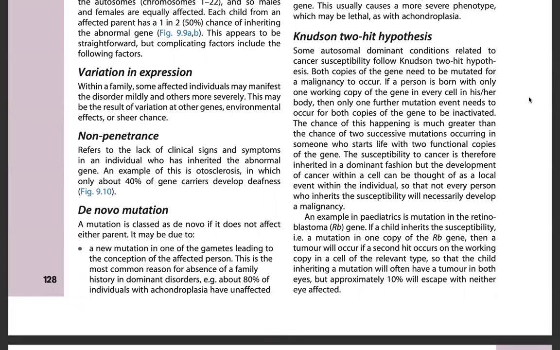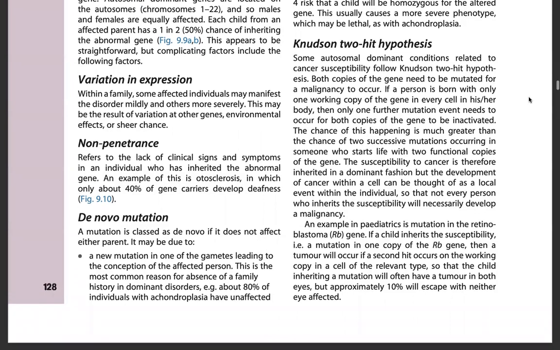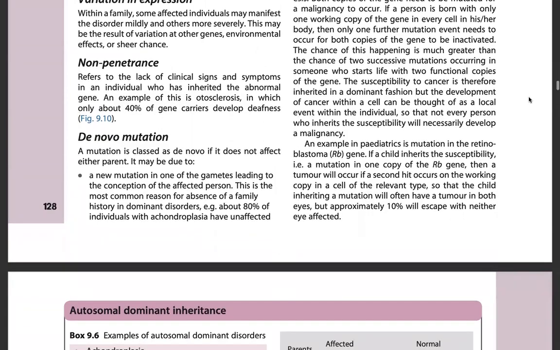If a child inherits the susceptibility, that is, a mutation in one copy of the RB gene, then a tumor will occur if the second hit occurs on the working copy in a cell of the relevant type. The child inheriting a mutation will often have a tumor in both eyes, but approximately 10% will escape with neither eye affected.